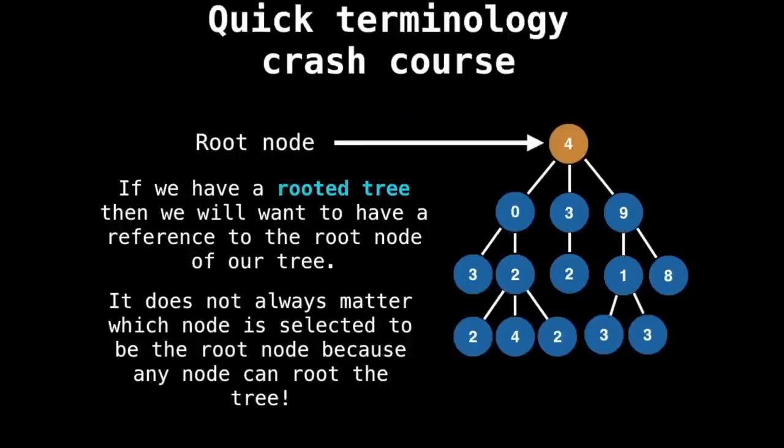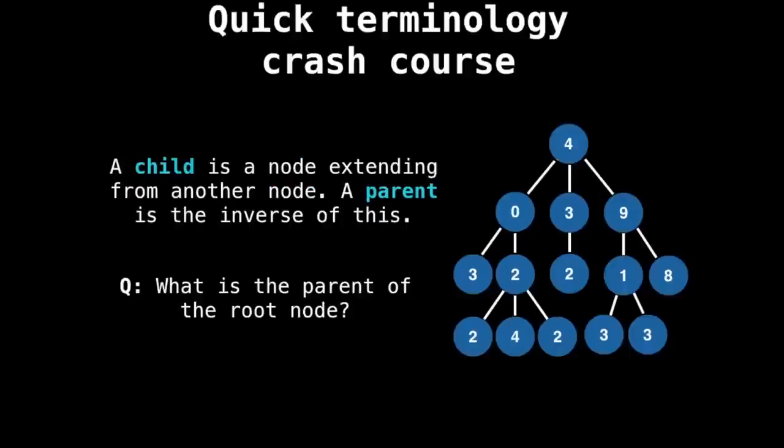Okay, in the context of trees, we can have something called a rooted tree, which has a root, the topmost node of our tree. You can think of it that way. And if you're trying to root the tree and you don't have a root yet, it doesn't matter which node you pick to root the tree, because any node you pick can become the root node. Think of it as picking up the tree by that node and suddenly it's the new root. We have the concept of child and parent nodes.